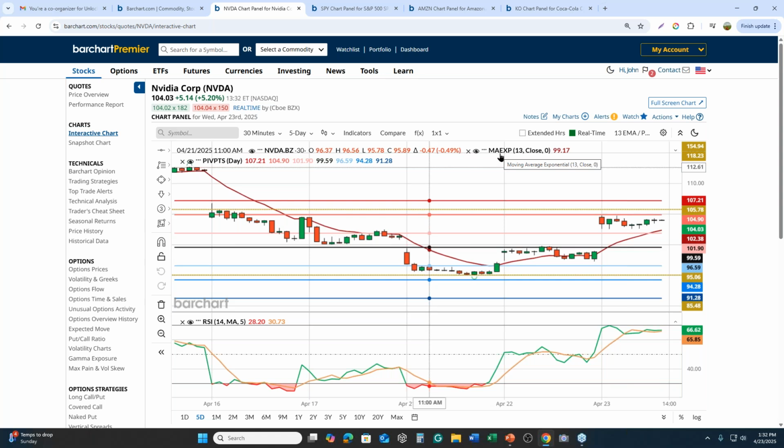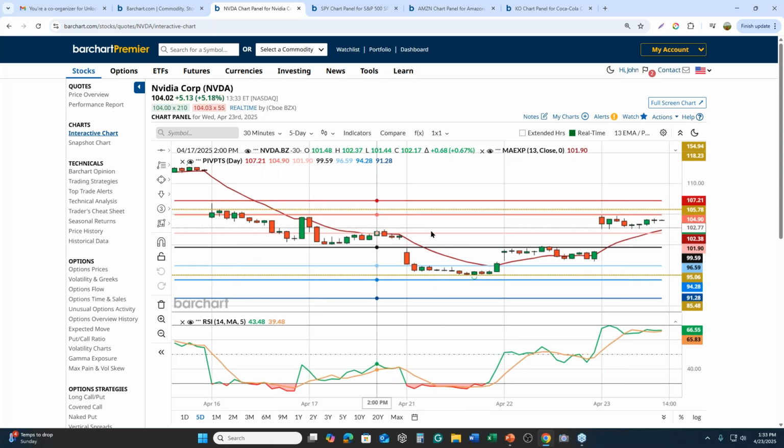But what you'll see is this has an uncanny ability to show you the momentum of the market. But not only does it show you the momentum, but when price engages the EMA, as you can see here, it can act as a level of resistance or support. And when price crosses over, it's telling you there's a change in momentum.